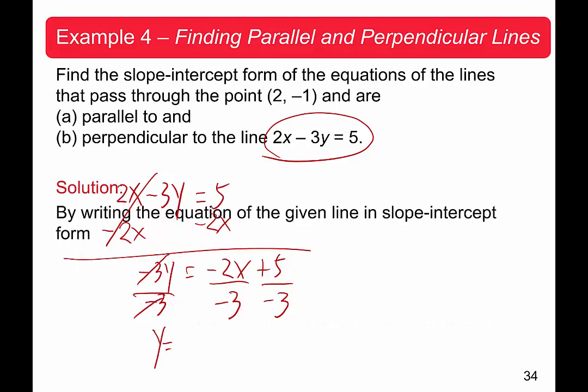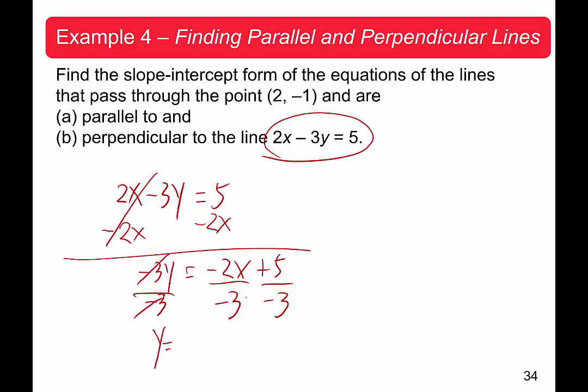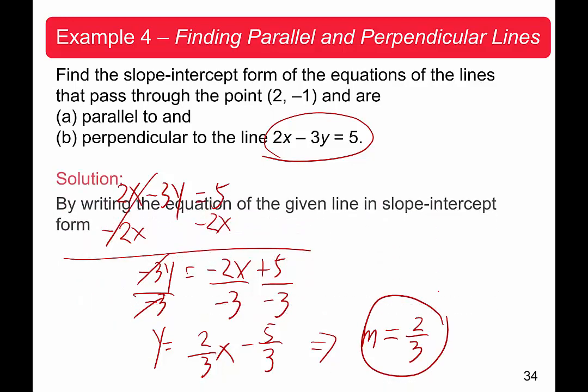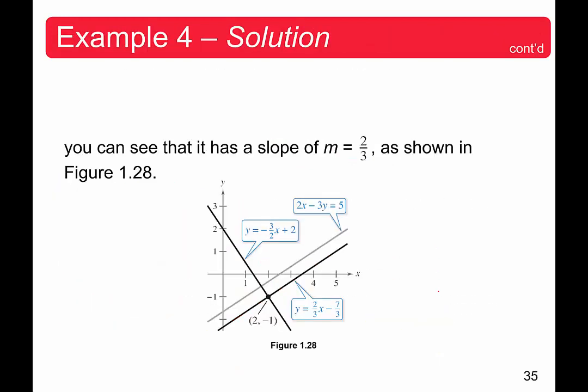The negatives turn into positive, so we end up with 2/3 of x, and negative divided by negative... plus 5 divided by -3 is minus 5/3. So in this case, we know that the slope of this line is equal to 2/3. Now that's a very important starting point. So now we know the slope is 2/3.